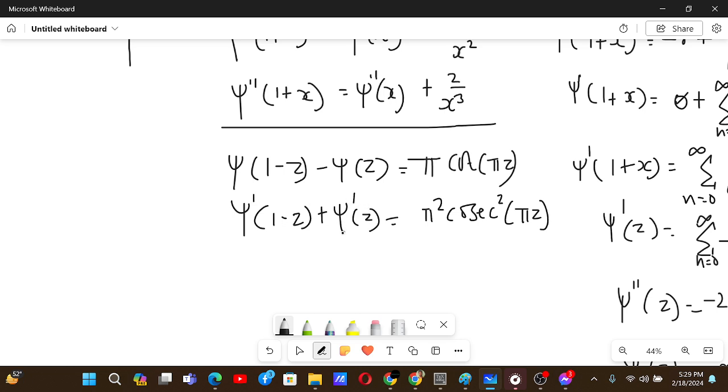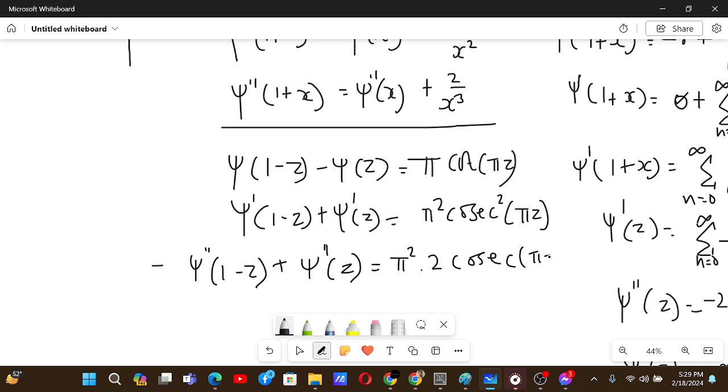Now again, if you differentiate this expression, you're going to get minus quad gamma of 1 minus z plus quad gamma of z. So this will be pi square times 2 cosec pi z and minus cosec pi z cot pi z.